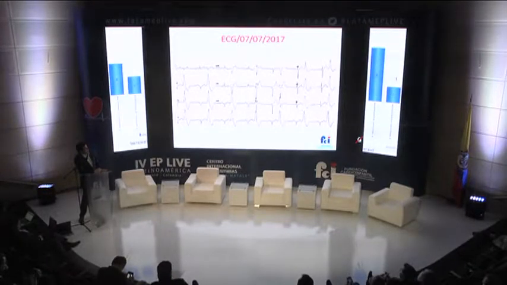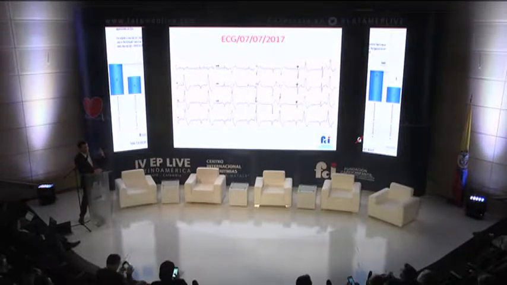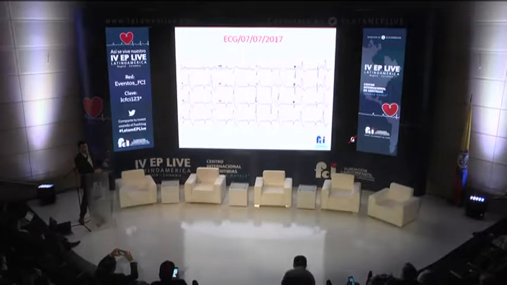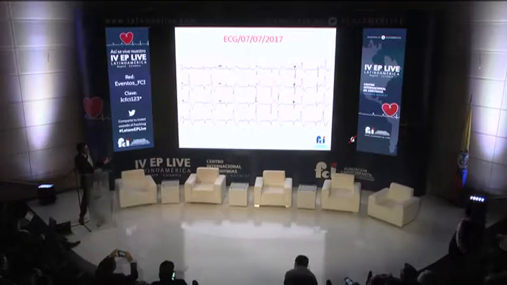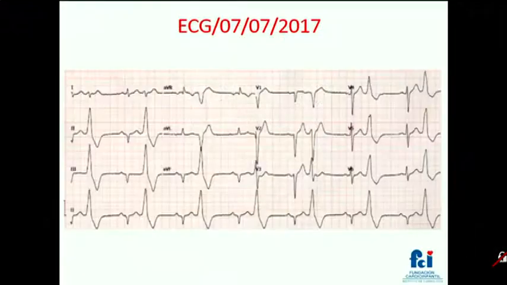I would say that the most important points in the analysis is, of course, the axis. The axis is quite low. Probably these are the outflow tracts, and we have to differentiate where we are, whether it's the right side or the left side, etc. It's very important to analyze aVR and aVL, because when we have negative aVR and aVL, that means that the origin is very high in order for both to be negative.